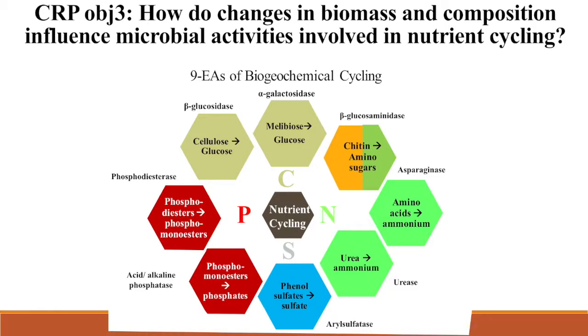Next question we asked: with these microbial community changes, how about the microbial activity involved in the nutrient cycle? We evaluated 9 enzymes involved in the carbon, nitrogen, sulfur, and phosphorus cycles.